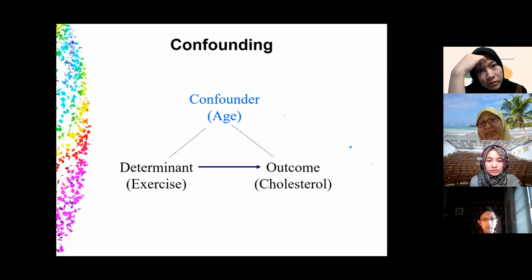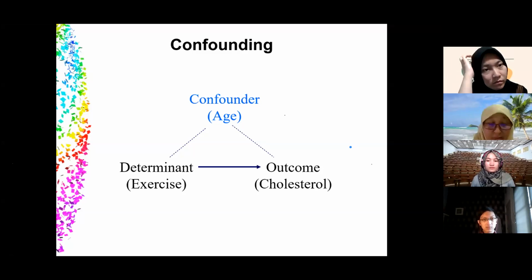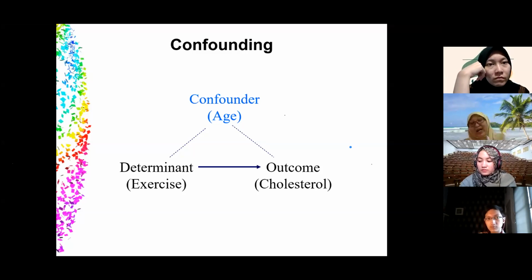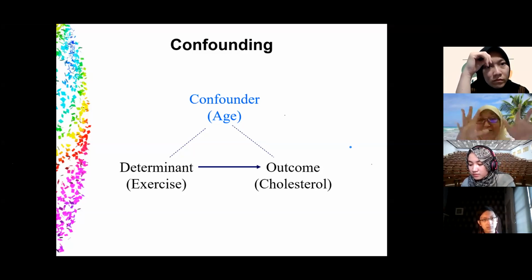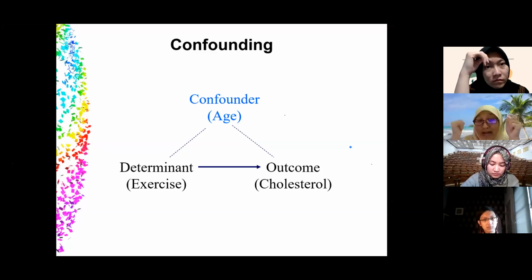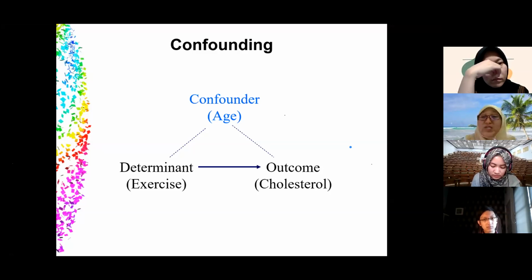And in the sample, you look at the demographic of this study, the sample all actually are old people. And the result come out as exercise is not associated with cholesterol. Or, okay, sorry. The result, let's say the result is high exercise, more exercise, high cholesterol. But actually, it is not really due to exercise, more exercise, low cholesterol or high cholesterol, because actually it's because of the age. Your sample consists of old people.